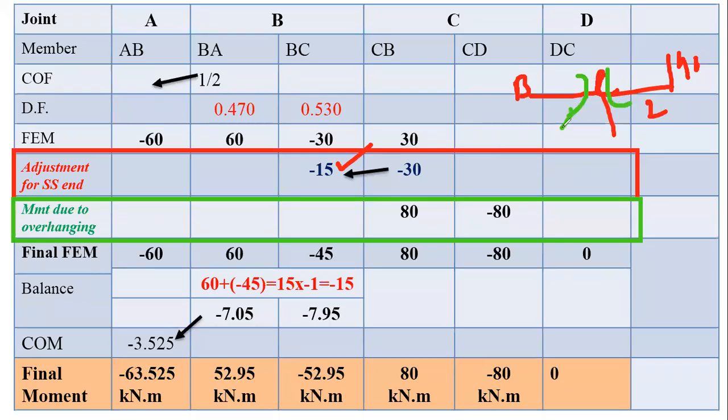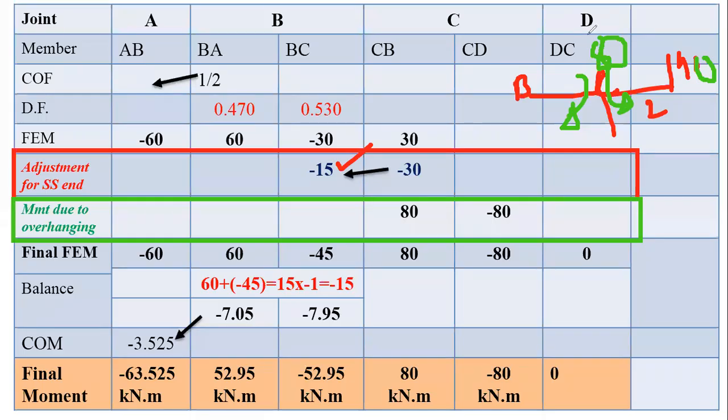For CB, it will be clockwise, and for CD, it will be anti-clockwise. And what is the magnitude? That magnitude is equal to the overhanging moment, and that overhanging moment will be 40 into 2, that is 80.